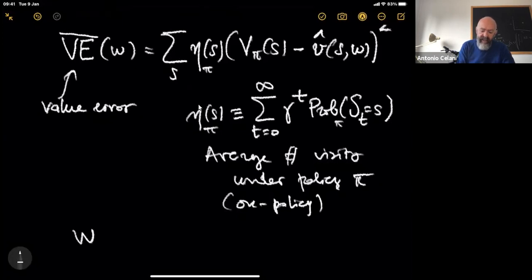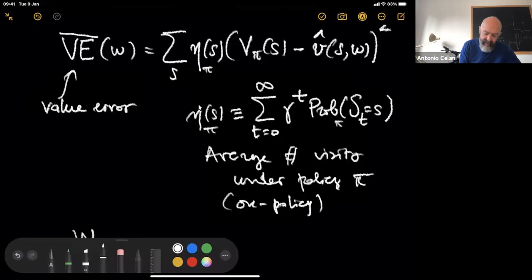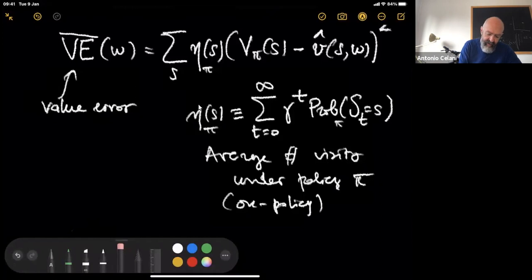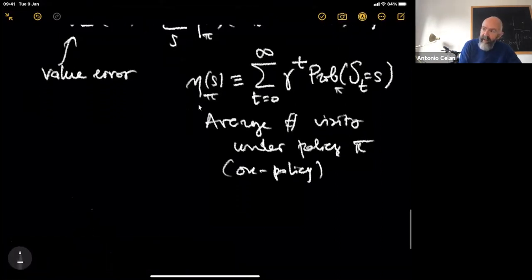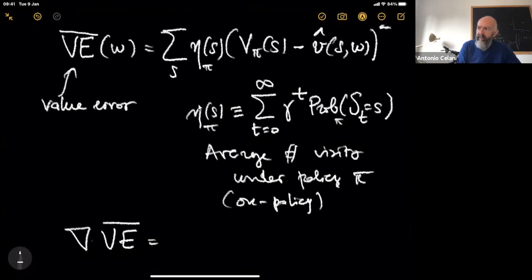And if we take the gradient of the value error, how does it look? So this is the derivative with respect to some coordinate w, the gradient of the value error. Well, I just have to go through this simple math.